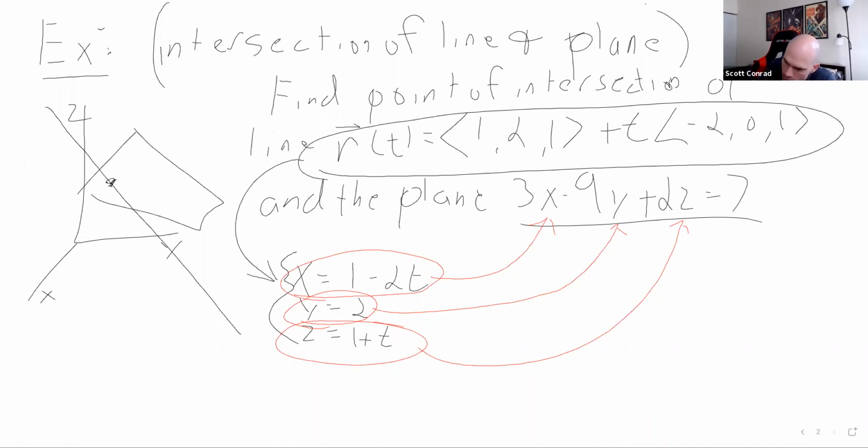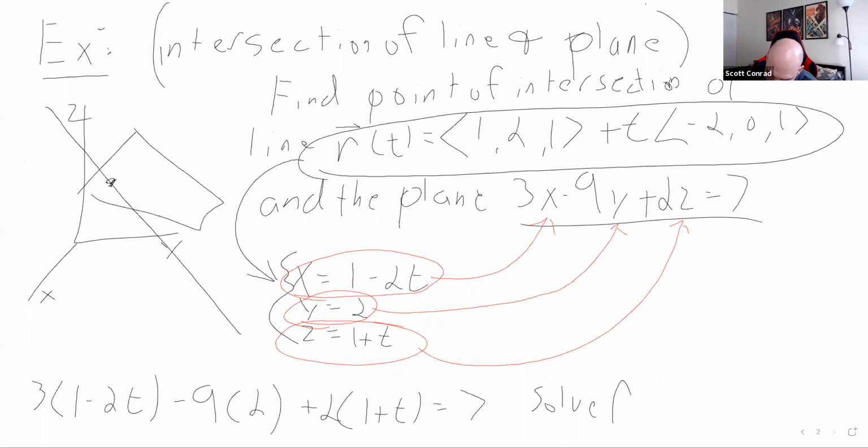So we get 3 times (1 minus 2t), because for all points x, y, z on the line, x is equal to 1 minus 2t, minus 9 times 2, because y is equal to 2 on the line, plus 2 times z, or sorry, (1 plus t), because z is equal to 1 plus t. And then we solve for t, right?